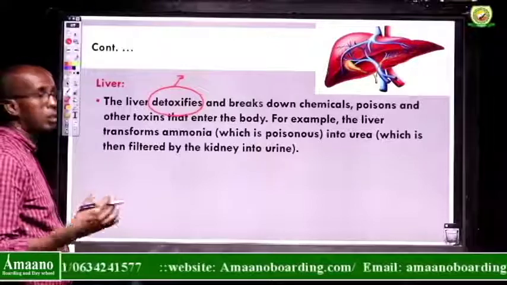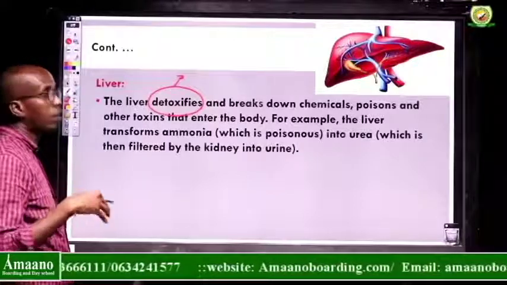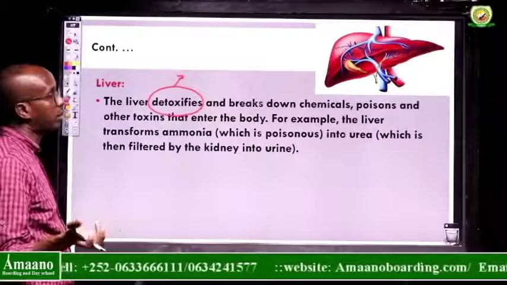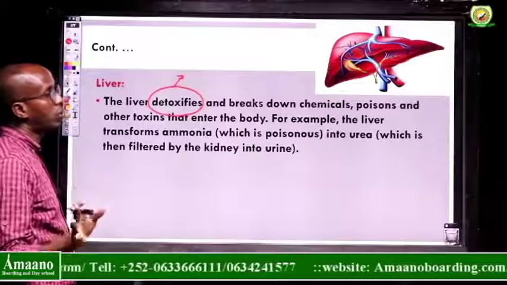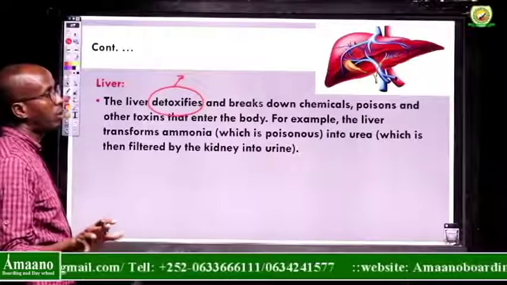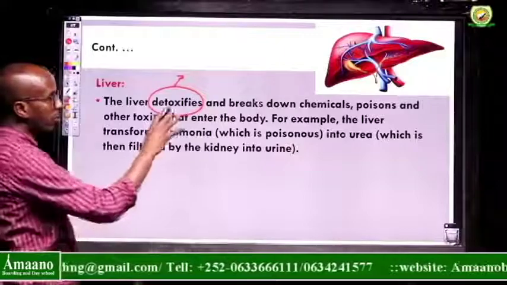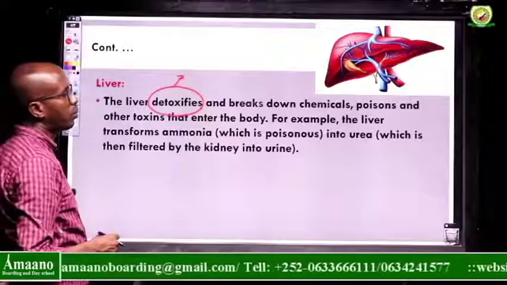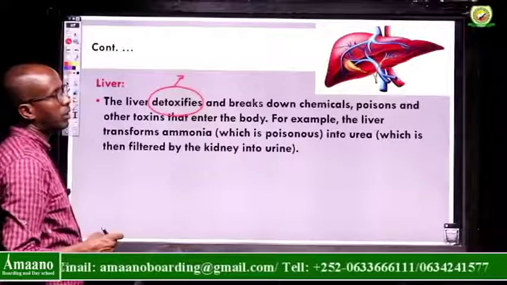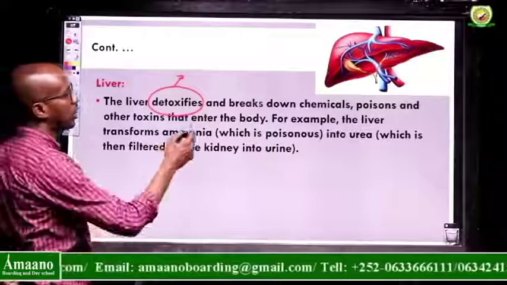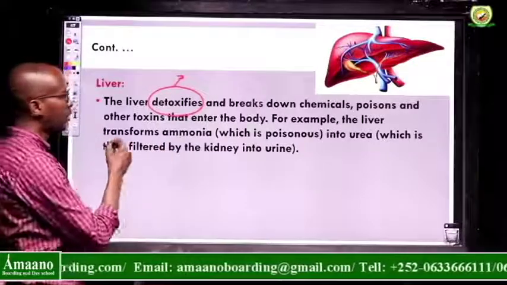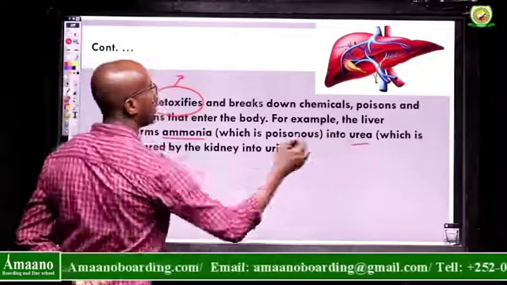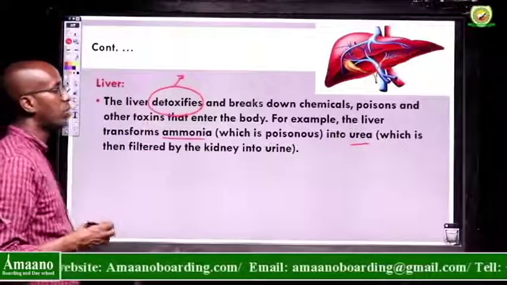For example, during digestion, many chemicals are added to the food, like hydrochloric acid, which is added to kill bacteria that may be present in the food. So anything which is harmful can be removed by the liver from the blood, and it breaks down chemicals or poisons that enter the body. For example, the liver transforms ammonia, which is a poisonous substance, into urea, which is then filtered by the kidney into urine.